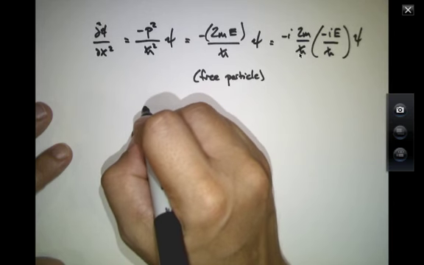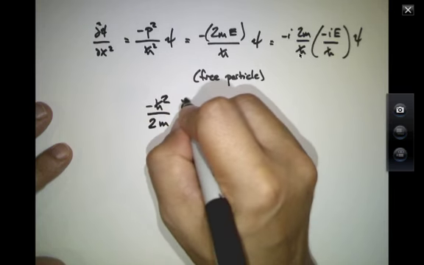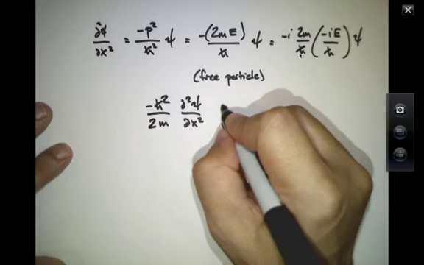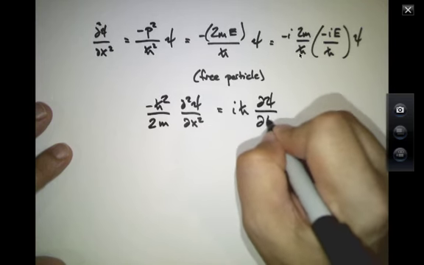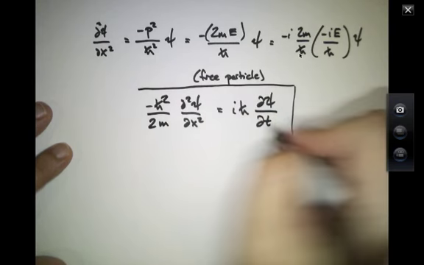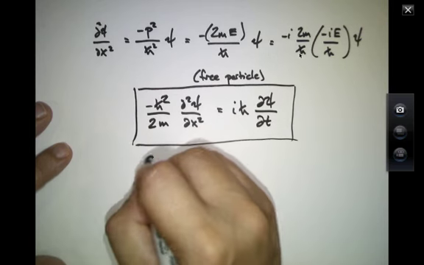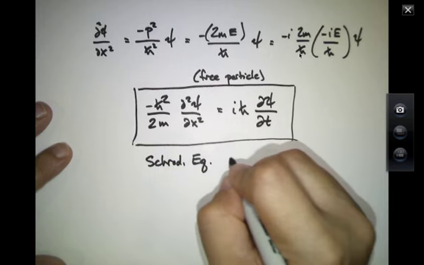In other words, I have something that looks like this. And that's Schrodinger's equation for a free particle.